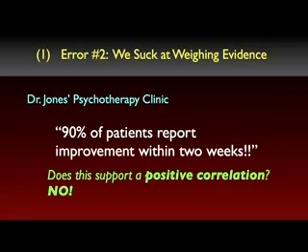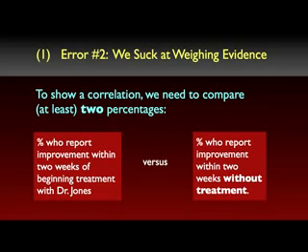To establish a correlation between Dr. Jones's treatments and improvement in condition, we would need to compare at least two numbers. The probability that a person will improve if they seek out treatment with Dr. Jones, and the probability that they will improve anyway on their own without seeking treatment from Dr. Jones.